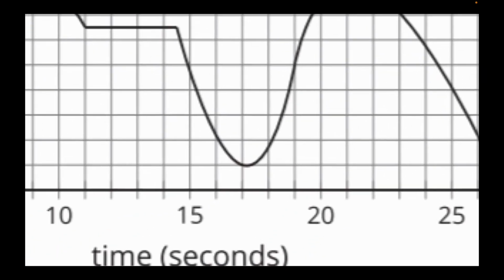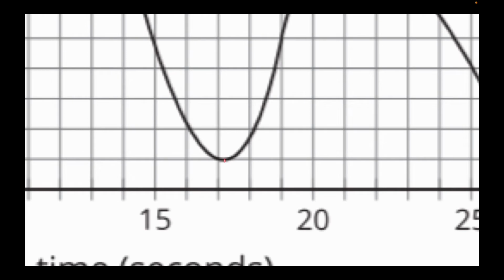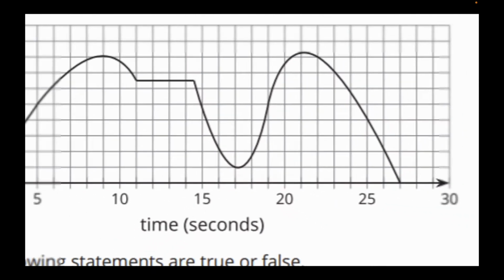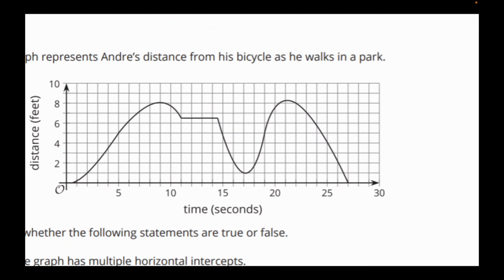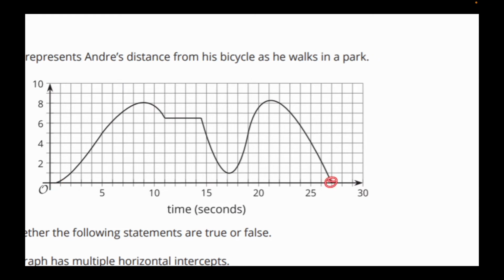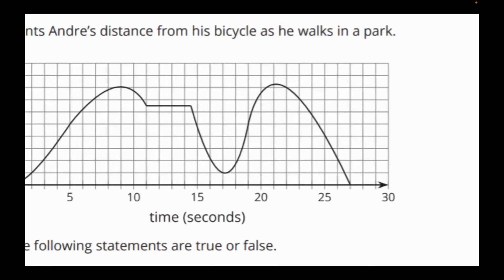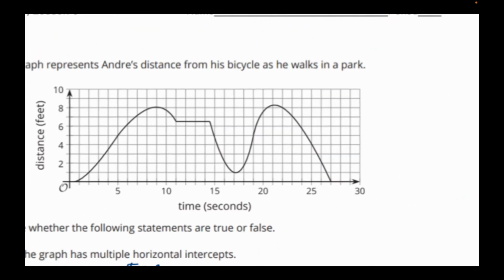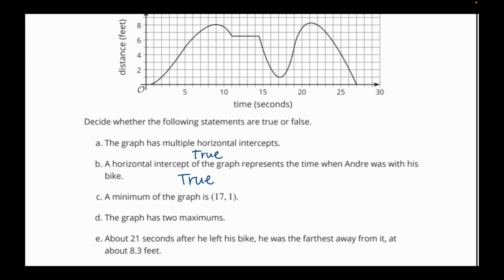Now, I see a point really close to that, but it looks more like it's right here, not quite at 17. And it's not completely a minimum either way because my graph does dip lower at both of these horizontal intercepts on the left and the right. So it's not exactly on 17, and there are also other places lower anyways. So we're going to say for this case that this one is false.